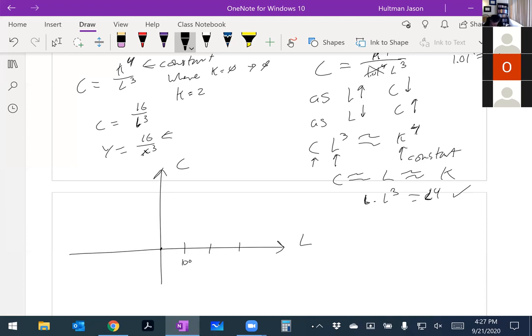Okay, and so again, the constant, the number, we'll say 16 in this case, is equal to x cubed times y, which is really L cubed times c. Which is equal to, in this case, we let k equal 2, 2 to the 4th power.